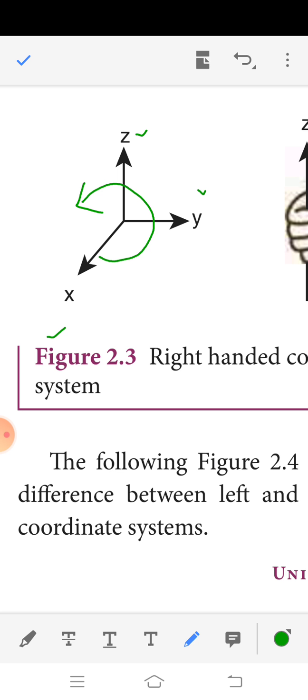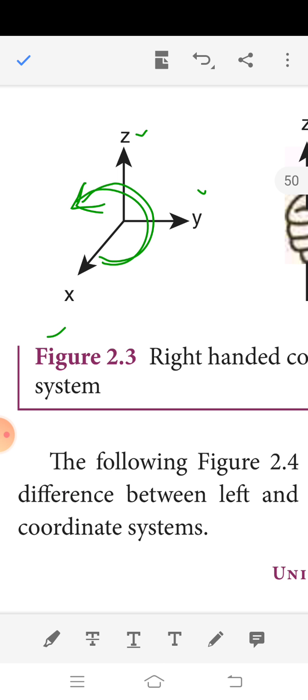Once again I repeat the term: if the Cartesian coordinate system is drawn in the anti-clockwise direction, it is called a right-handed Cartesian coordinate system.